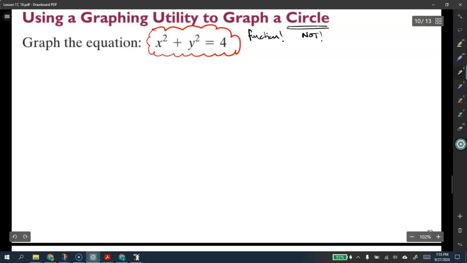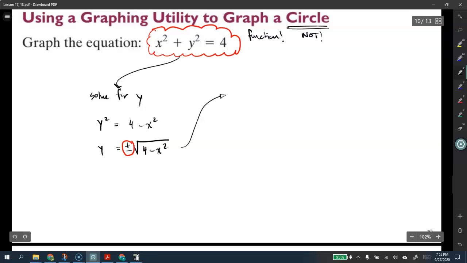And so what we need to do is basically solve for y. When we solve for y, here's what that's going to look like. We'll have y squared is equal to 4 minus x squared, and then y is equal to plus or minus the square root of 4 minus x squared. But again, there's another issue, which is the fact that there is a plus and a minus here. Your calculator will not understand what a plus or a minus is. It's going to lead to something that's ambiguous.